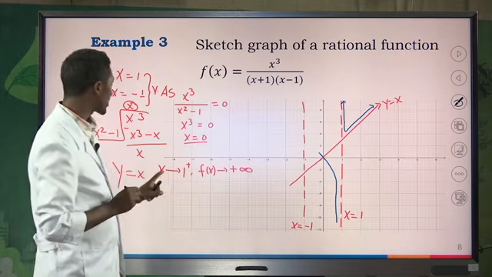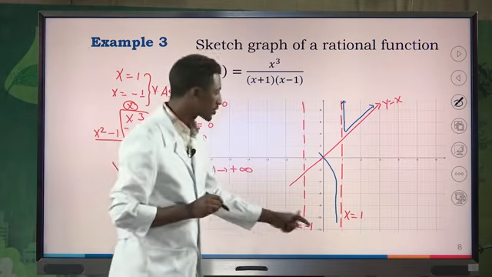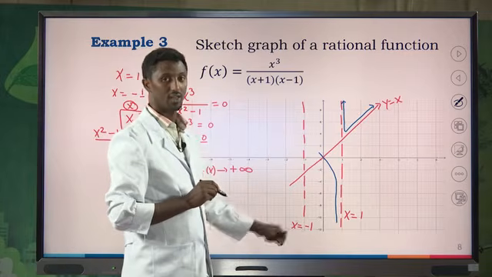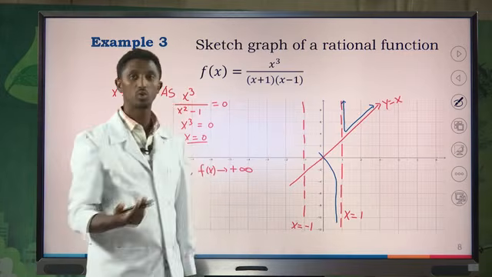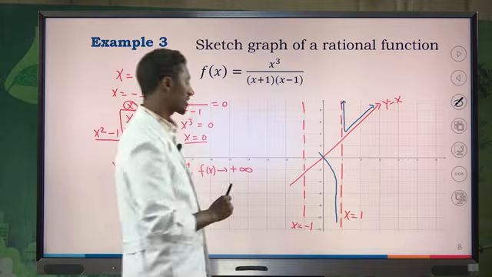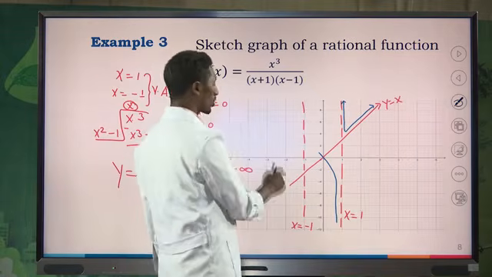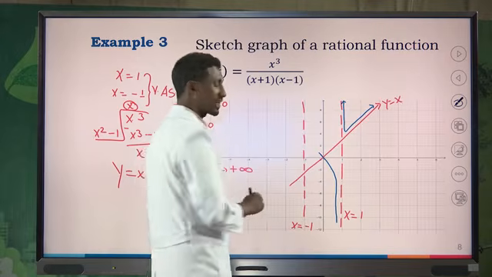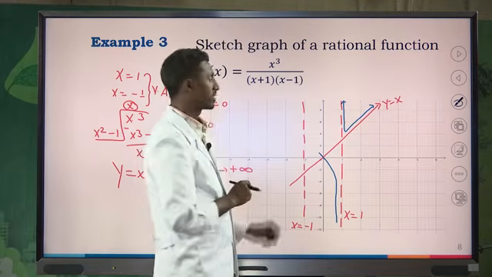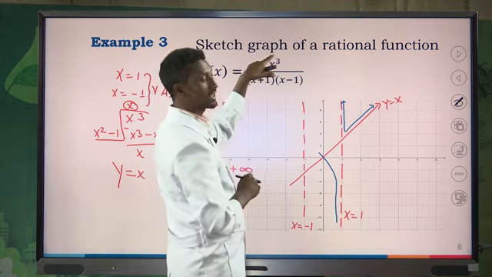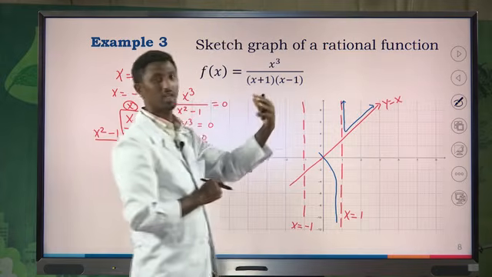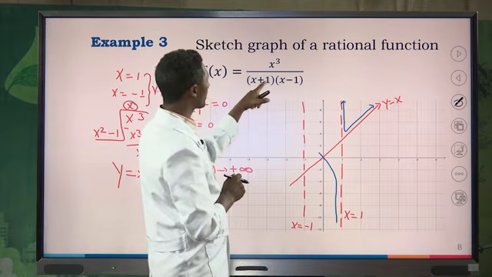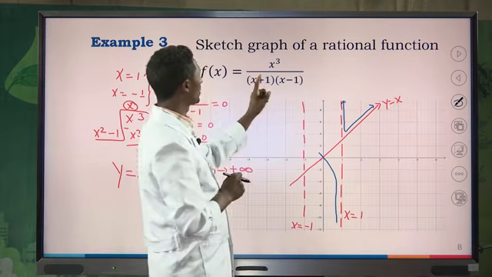And as x gets closer to minus 1 from the right, what does the graph of this rational function look like? We can also take some constant closer to minus 1. Let's take negative 0.9. Negative 0.9 cubed, a cube of a negative number, is negative. Negative 0.9 plus 1 is positive.